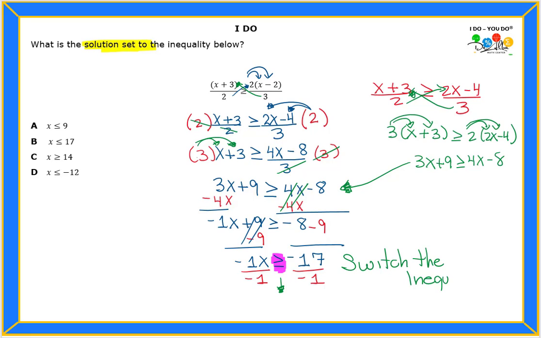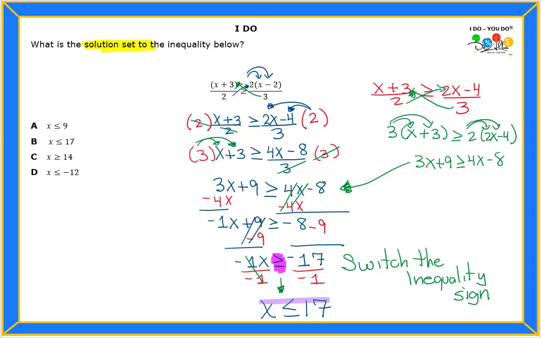And this is going to happen only when you either multiply or divide by a negative number. So my negative 1 divided by a negative 1 is a positive 1, which basically I can just write down x, and I'm going to flip my sign, and negative divided by a negative gives me a positive. So it will be positive 17.